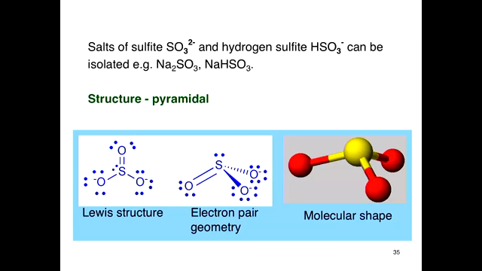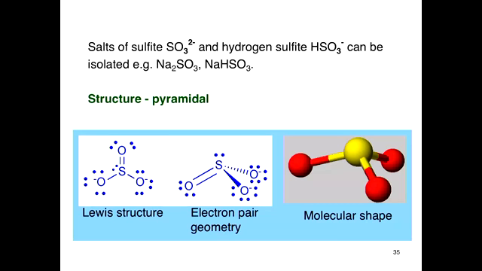We can take salts of sulfurous acid, so we can remove the hydrogen atoms and end up with a metal salt. We can have sodium sulfite, or we can have sodium hydrogen sulfite. Again, there are parallels there with the carbonate. But look at the structure here. I want you to be aware of the structure of SO3 2- compared to the structure of SO3.